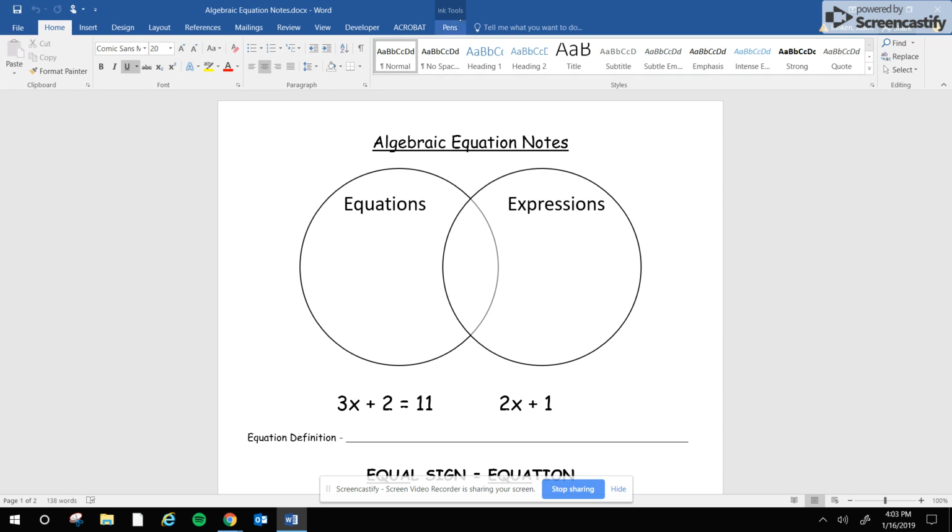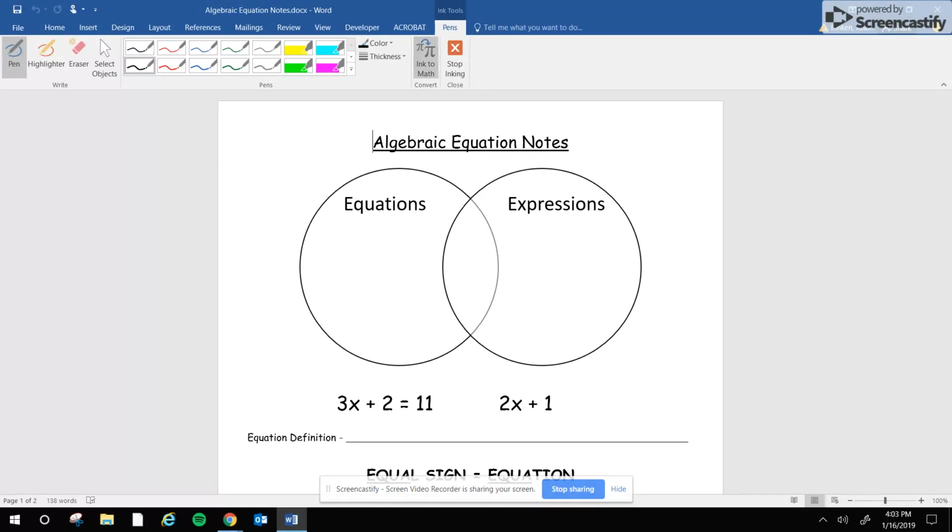Now, as you see here, what they both have is a number and a variable, where the number is your coefficient and the variable is your letter. So they both have a number and a variable, x, but they also have operations.